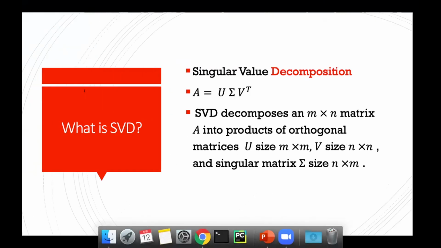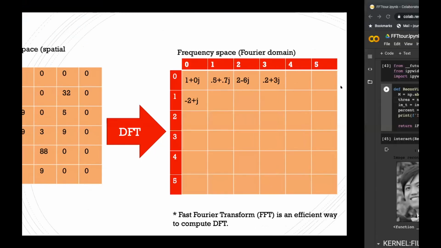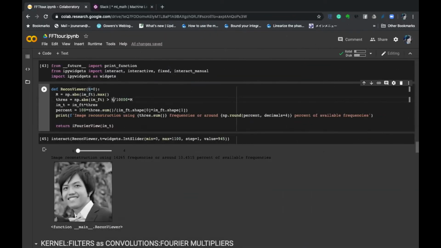So if we look back here, among these, which is the biggest? Because everything is complex numbers, everything has a size. So I just say, okay, I want to know the biggest one, and then I put the threshold such that I will only use those functions which are, let's say, 1/100 of the biggest one or bigger than that.